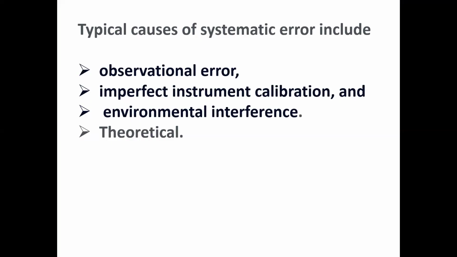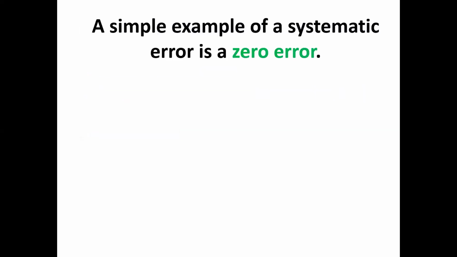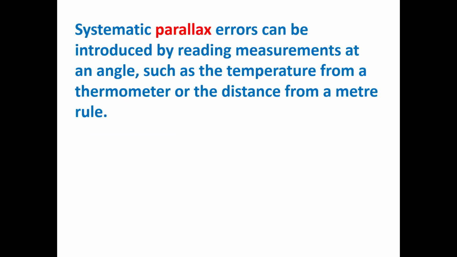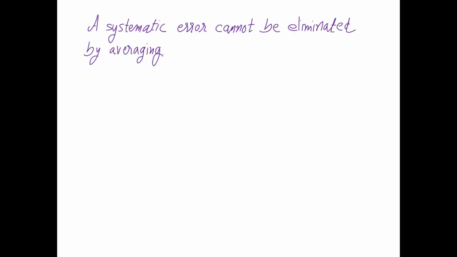Typical causes of systematic error: observational error, imperfect instrument, environmental interference, theoretical error. Zero error is the most famous example, any error which is fixed.